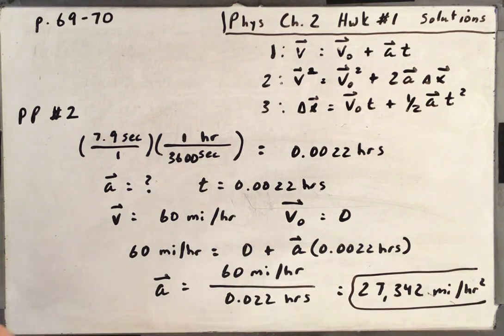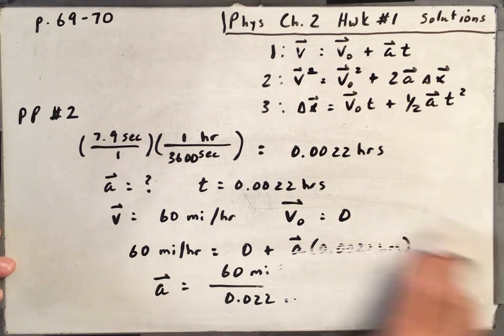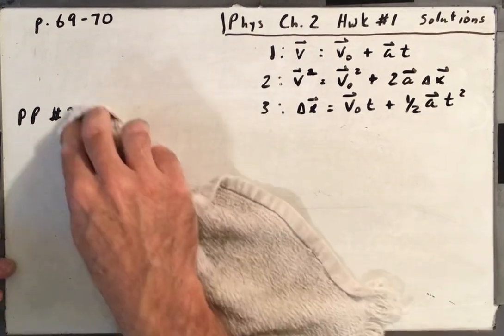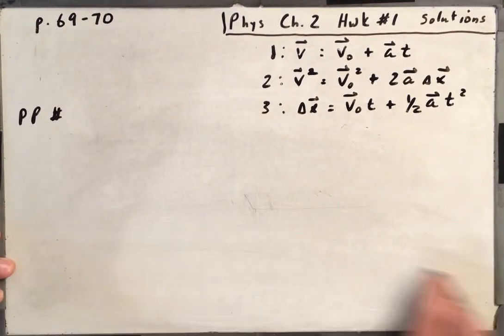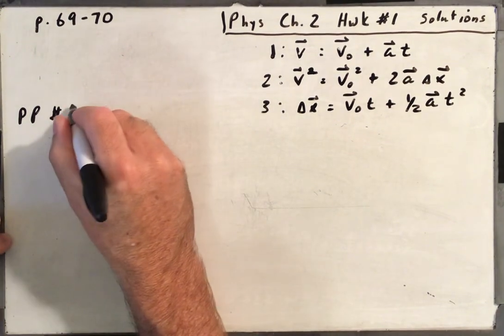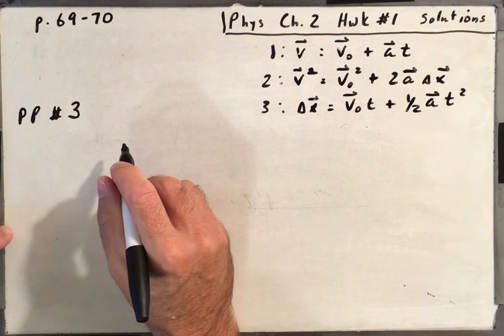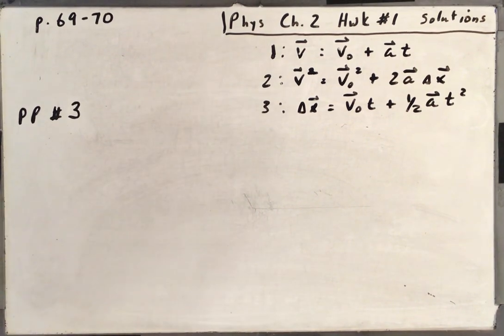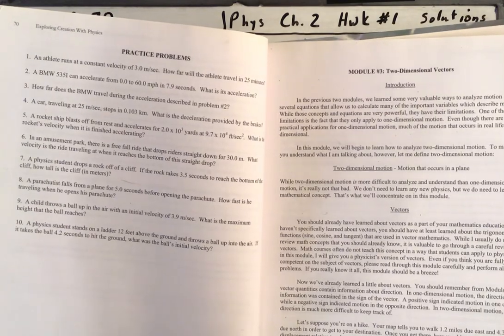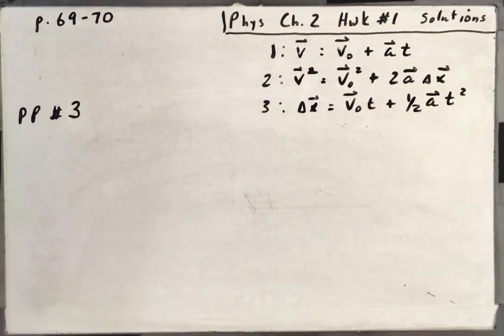All right. So we're going to keep that number handy because we're going to use that in number 3, that 27,000 number. Okay, practice problem number 3. It says, how far does the BMW travel during the acceleration described in problem number 2?